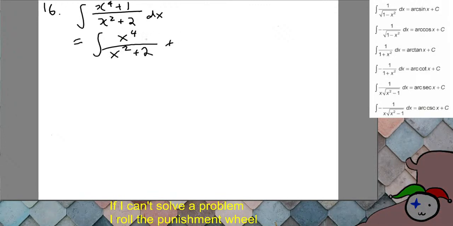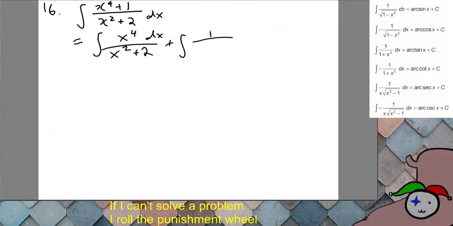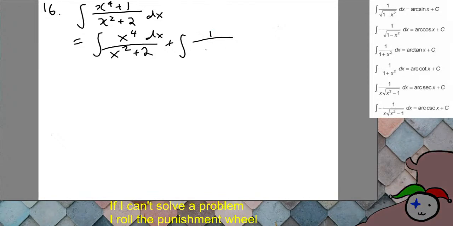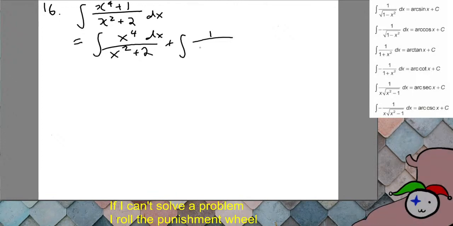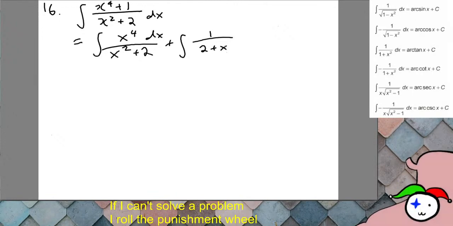Because this right part, it can just become, let's see, it's 2 plus x squared dx.